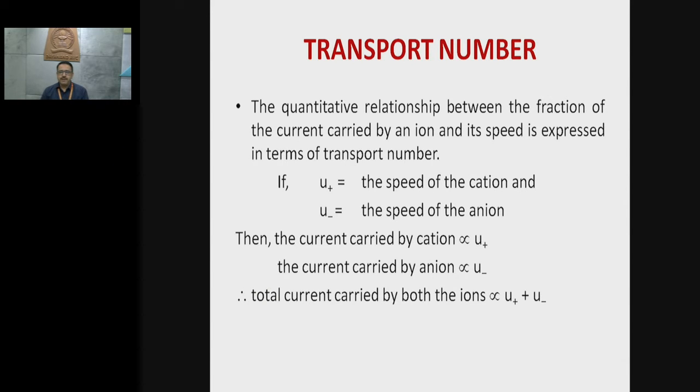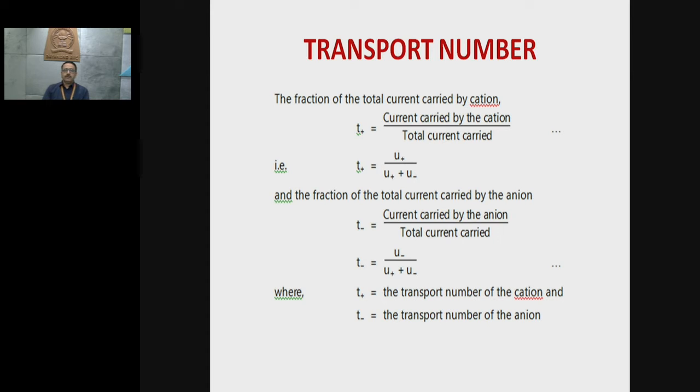The total current carried by both ions is directly proportional to U+ plus U-. Now, the fraction of total current carried by the cation and by the anion is easy to determine by knowing how much current is carried by each and the total current carried by the solution.